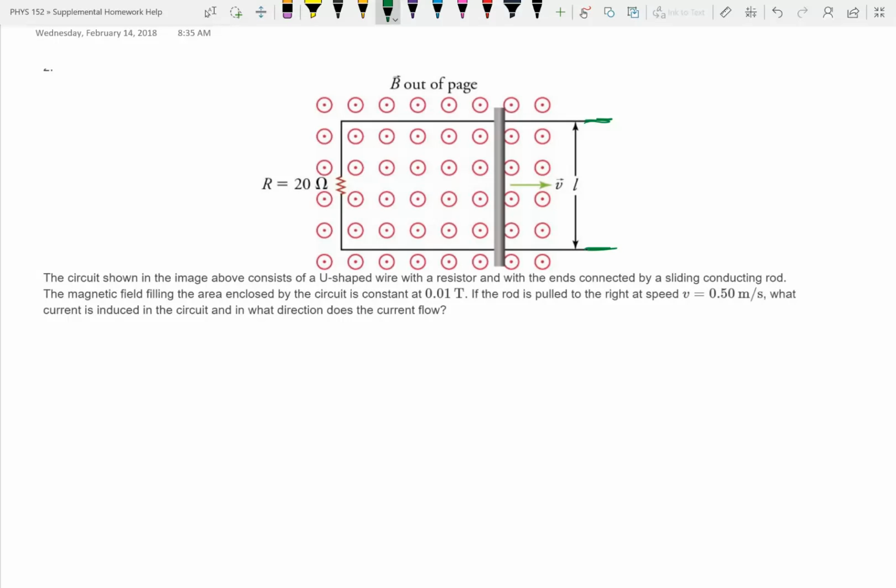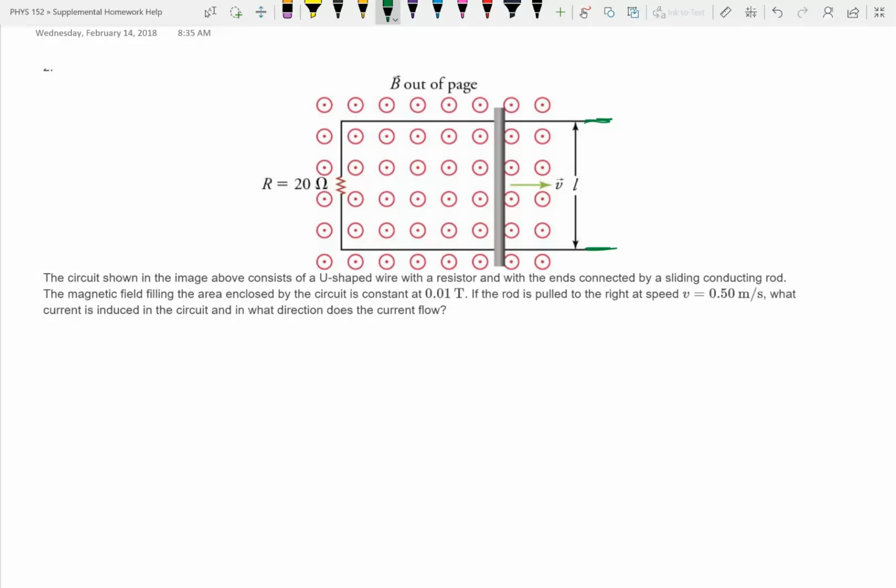The magnetic field filling an area enclosed will induce a flow of electrons, like something's being pushed, because the rod is being pushed to the right, and therefore there's going to be a pushing of electrons.